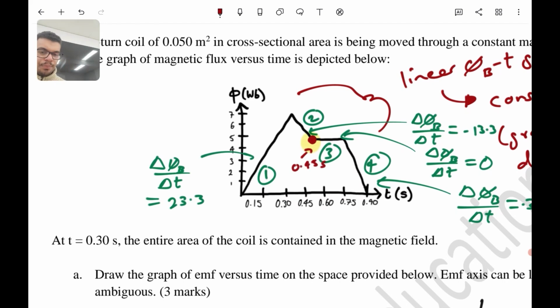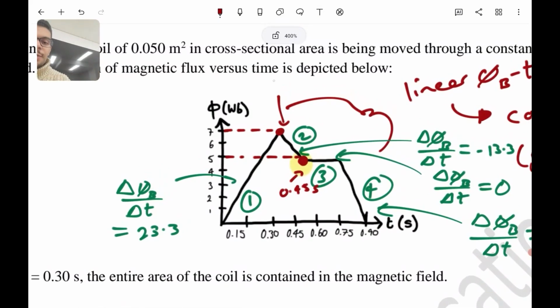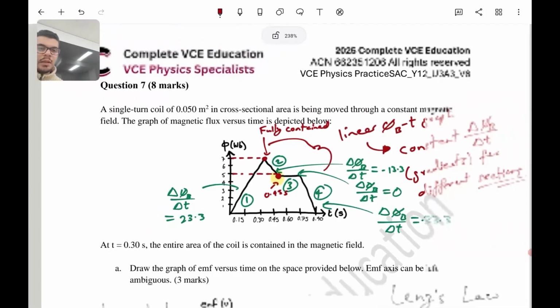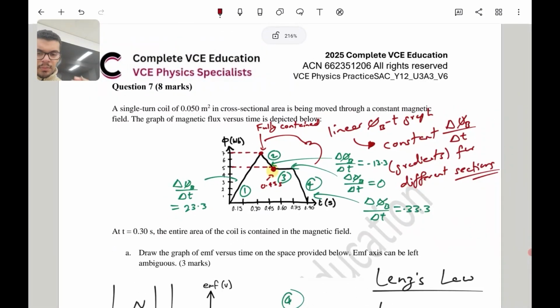At this point, we can see that the magnetic flux is going to be 5. However, at the peak, the magnetic flux is 7. So at the peak of the graph, we can assume the coil is fully contained within the magnetic field. So all of the coil is within the magnetic field.